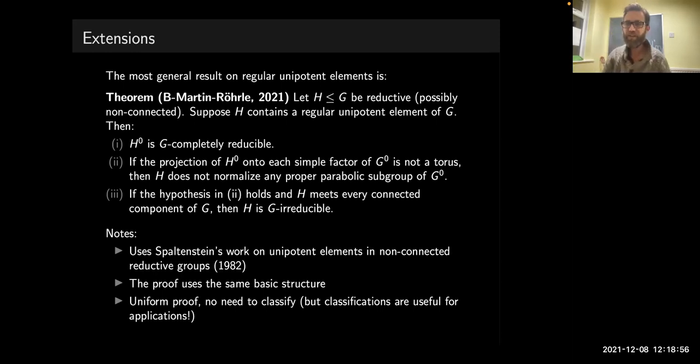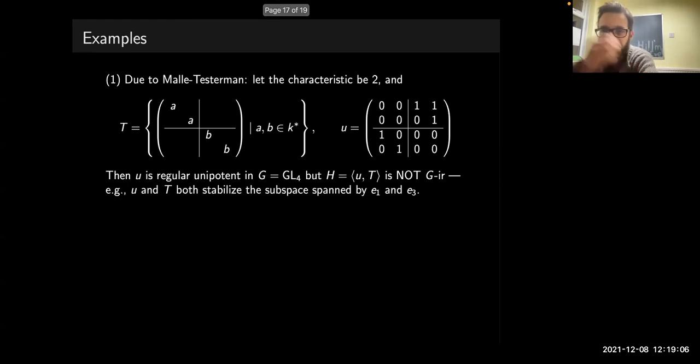Okay, so let me just show you a couple of examples to explain why you need some hypotheses in this general theorem. Both of these actually still have connected G, but disconnected H. The first of these is extracted from the paper of Malle and Testerman I mentioned earlier. So we're working in GL4 in characteristic 2, and I take some two-dimensional torus.